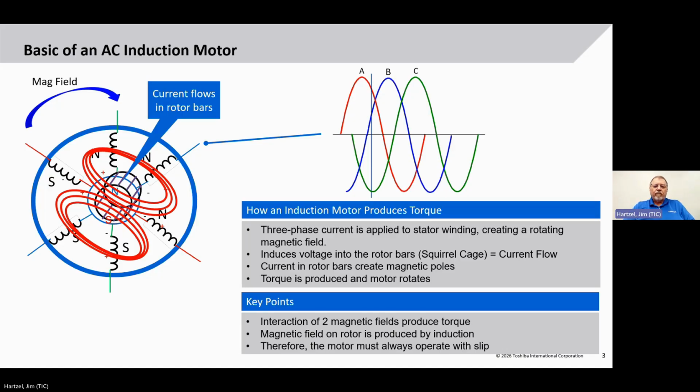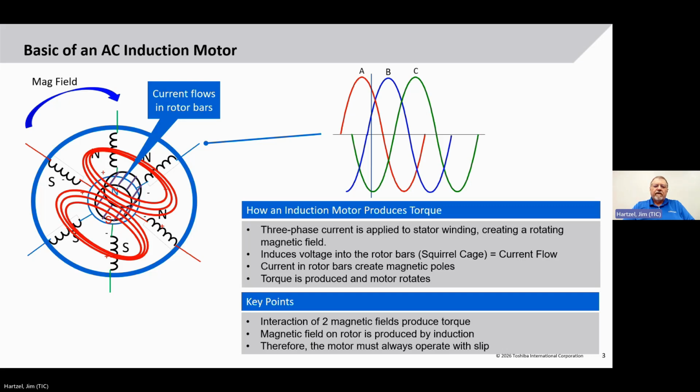You have one magnetic field turning, and a magnetic field on the rotor, and the interaction of those two magnetic fields produces a force in a rotational direction, which is called torque. So that's how an induction motor works.